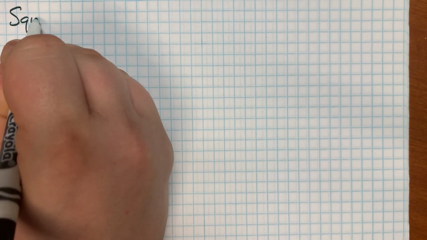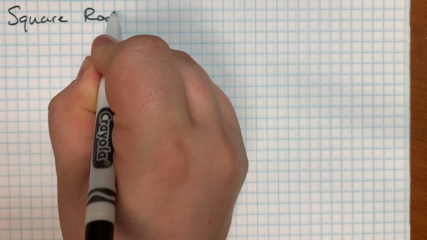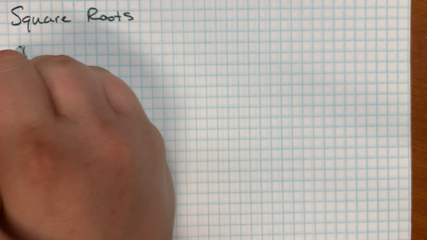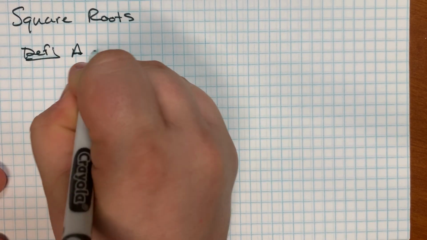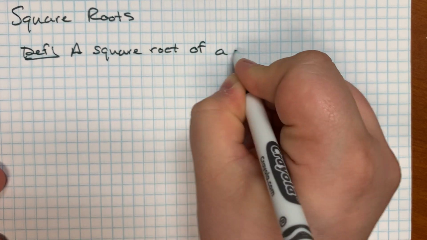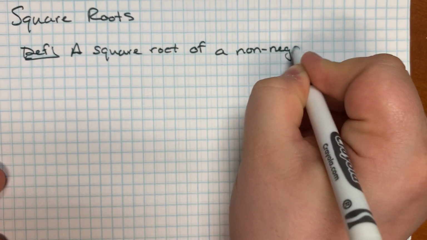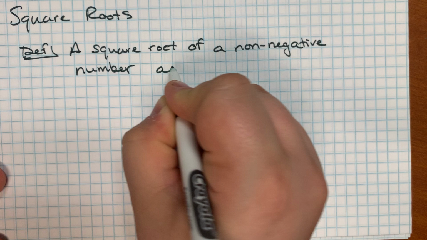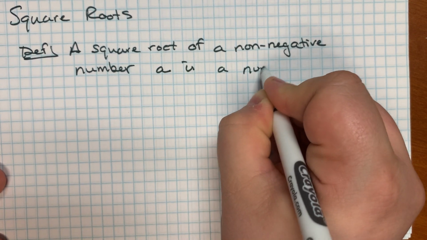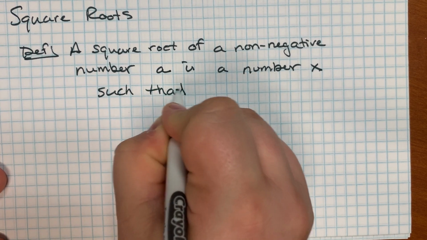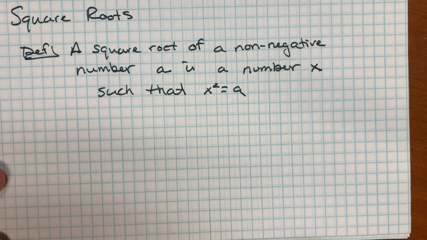Well, we see these a lot in square roots, cube roots, and other roots. So, definition. A square root of a non-negative number a, and that's important, is a number x such that x squared equals a.